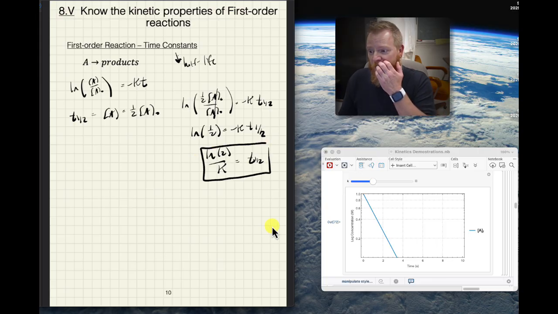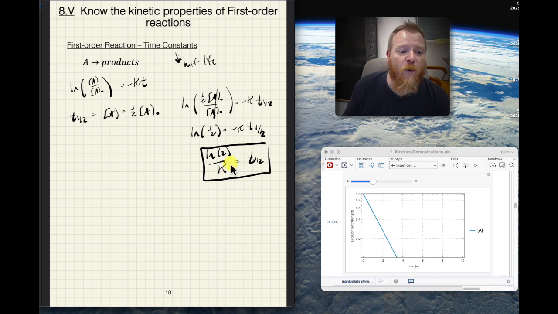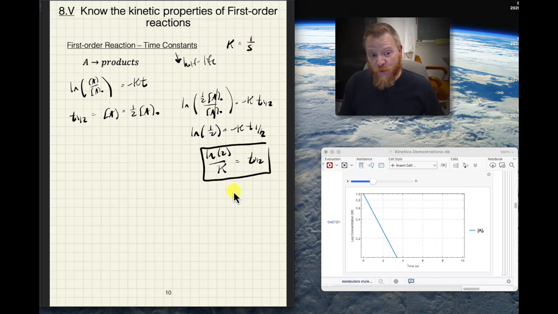And so you might notice now, if my k here, we didn't talk about that before, but as you might guess, k for a first order reaction has to have units of 1/seconds. Because as you can see in this half-life equation, if k has units of 1/seconds, then my time will have units of seconds.